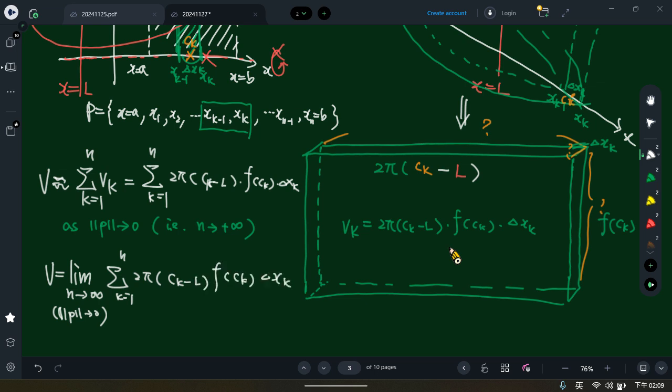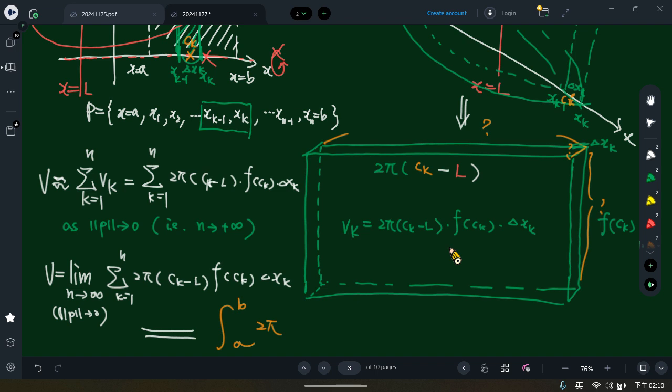So that actually the result is equal to the integral from a to b, then 2 pi. As you know, if the norm of P is equal to 0, that means we can have an infinite number of partition points. So almost each ck will become every x, right?